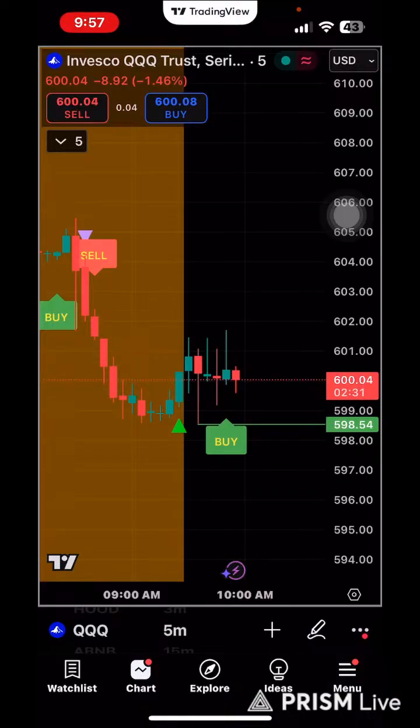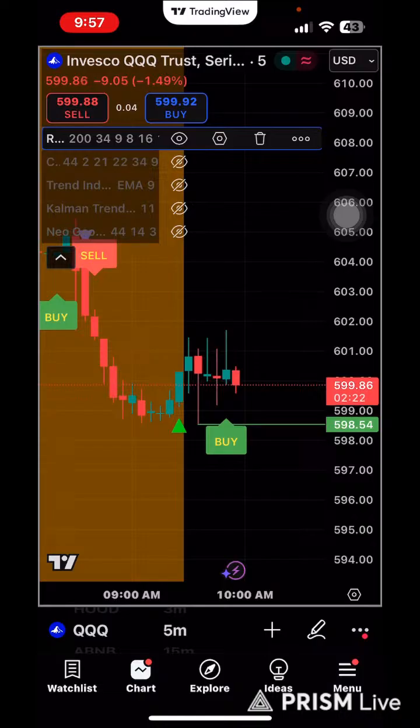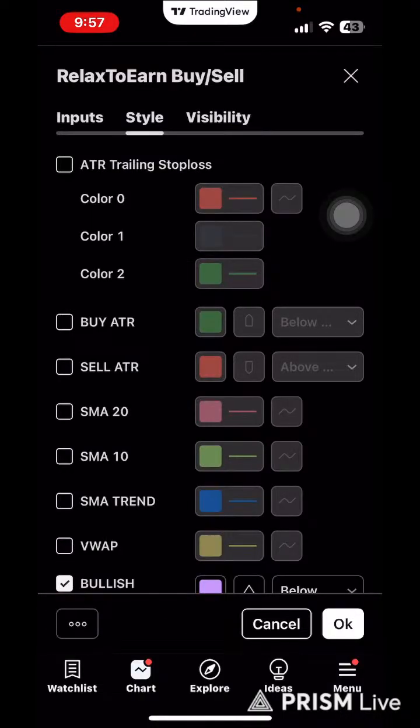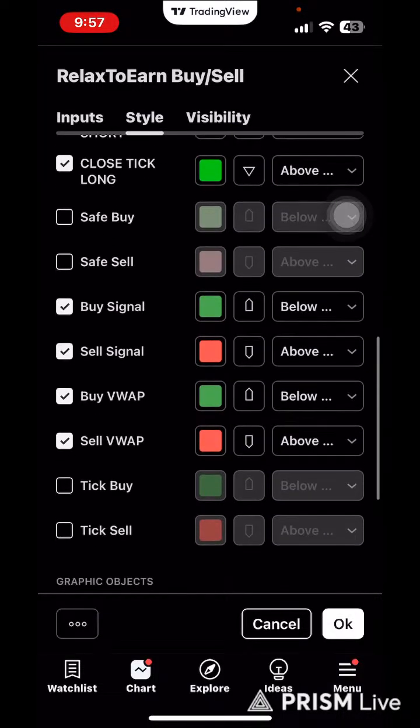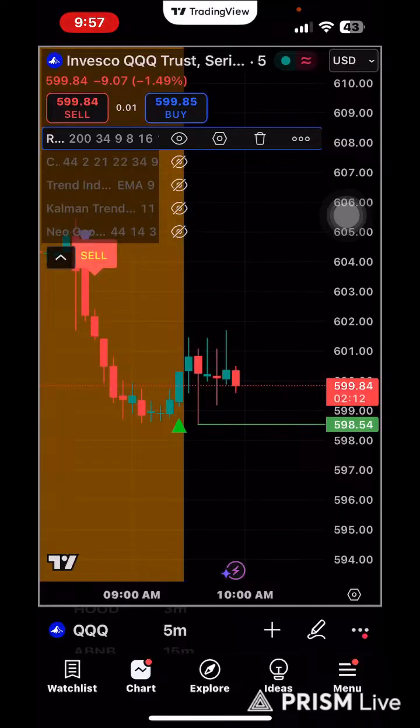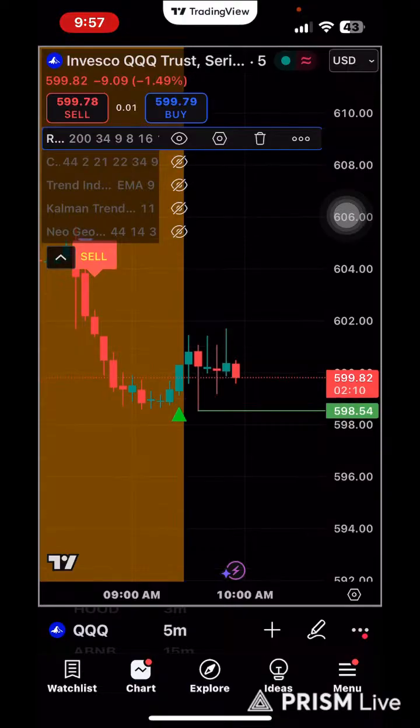In order to make my strategy for the day more clear, guys, one thing I could do is go over here to the settings for the Relax indicator and turn off buy signal. And then you don't have any confusion on the chart. We're only looking for sells here.